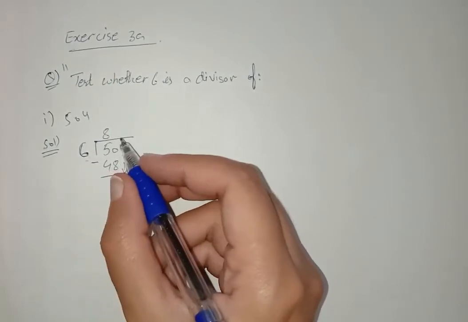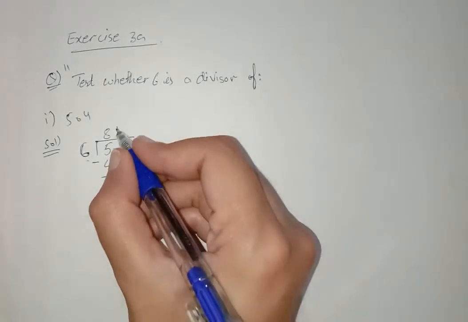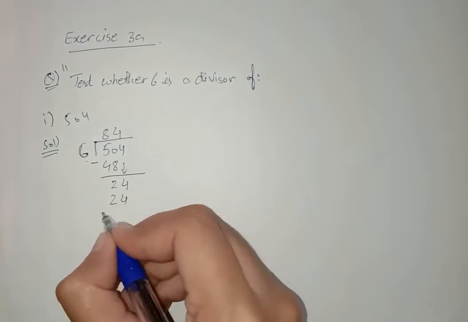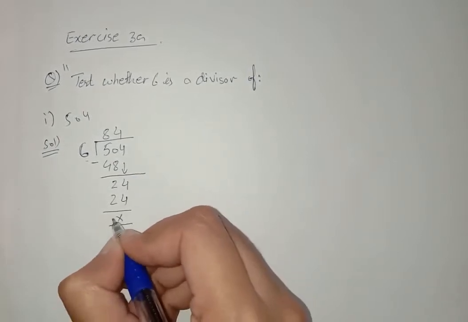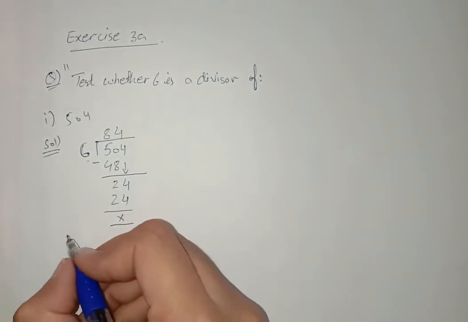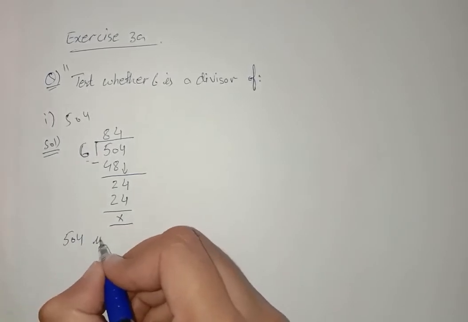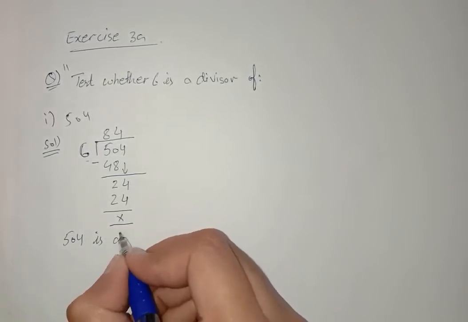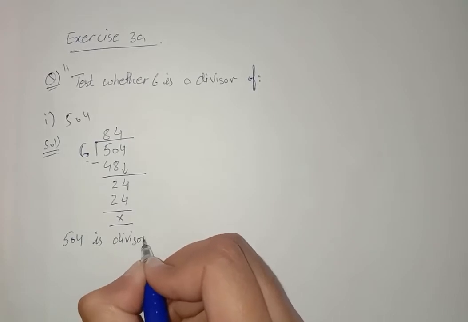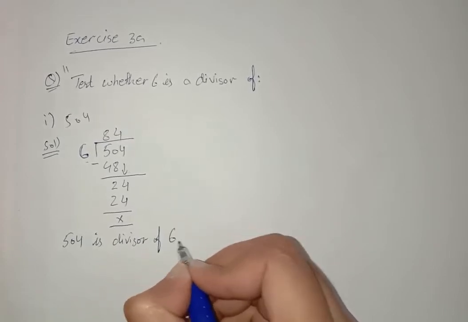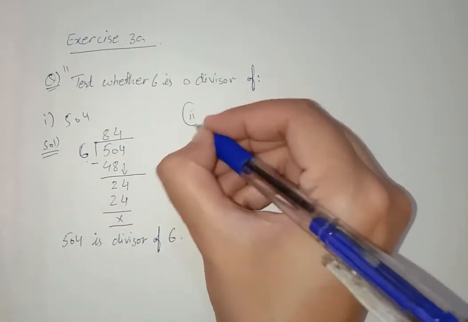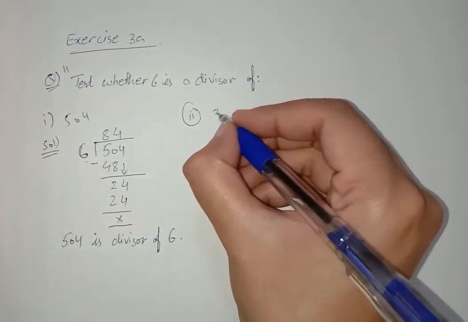Yes, 6 4s are 24. So the remainder is 0. So 6 is a divisor of 504.